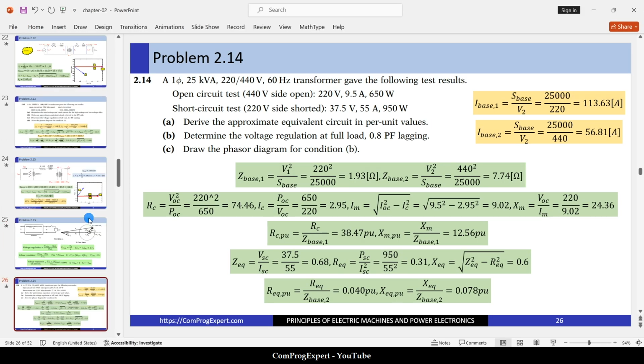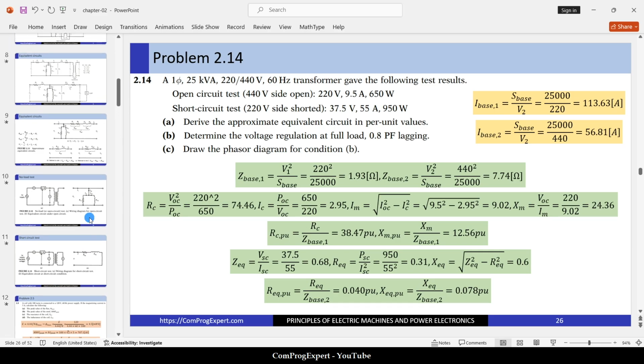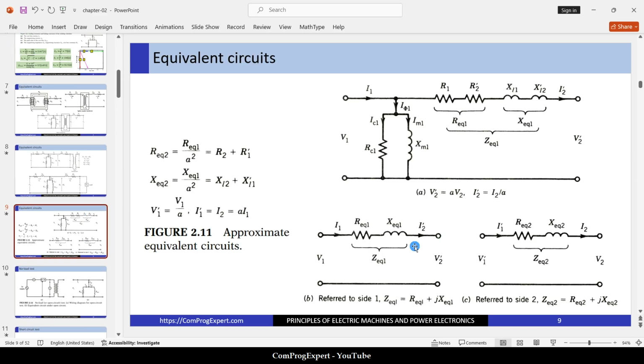You remember these two equivalent circuits that we had. Yes, in this equivalent circuit, we transfer quantities to side 1, and in this equivalent circuit, we transfer quantities to the side 2.